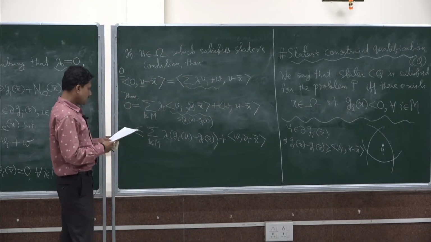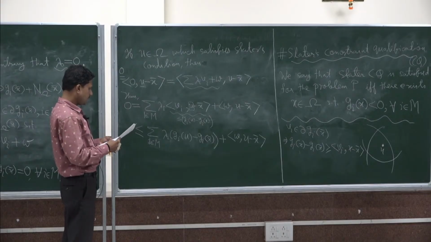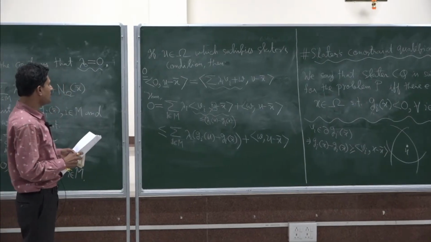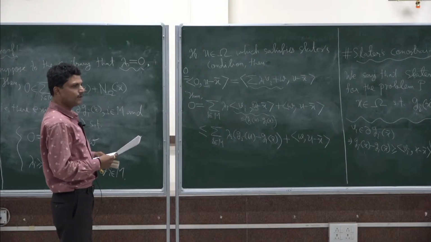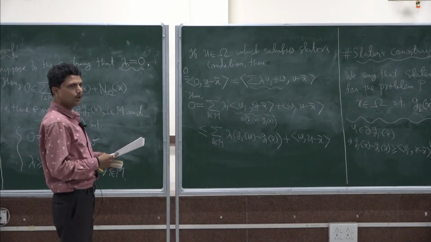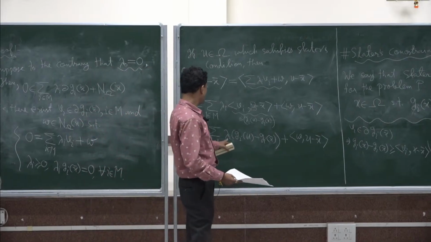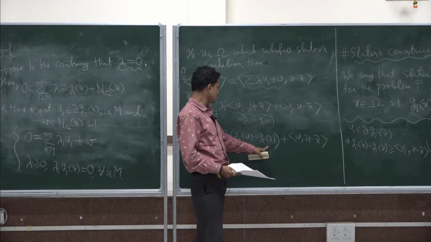Now, what is this gi of x bar? If we talk about all the points which are active, if we multiply lambda i into gi x bar, this is going to be 0 due to the Fritz John condition.